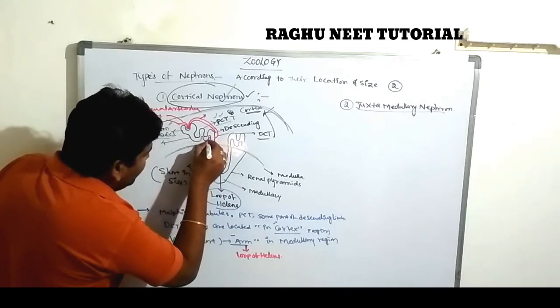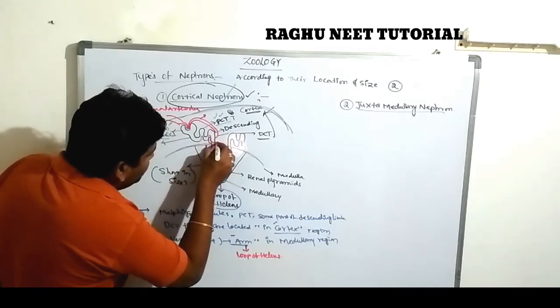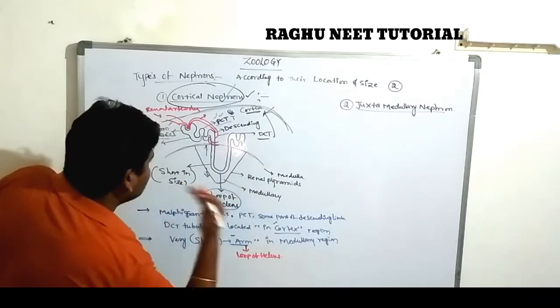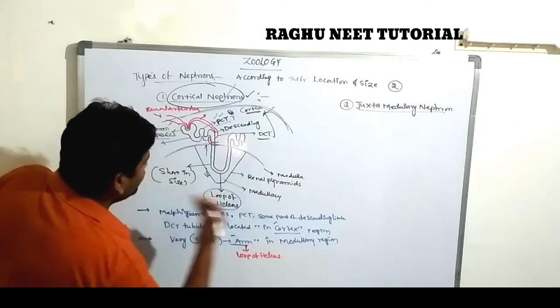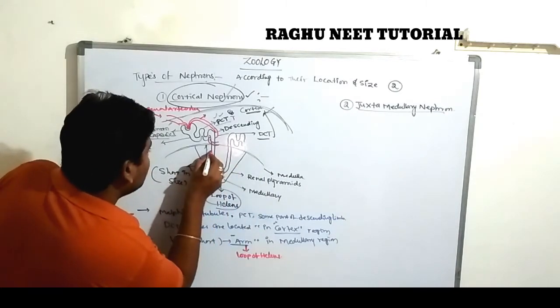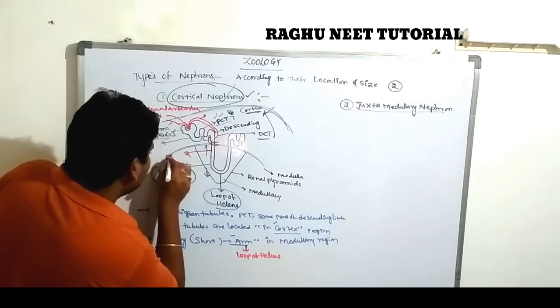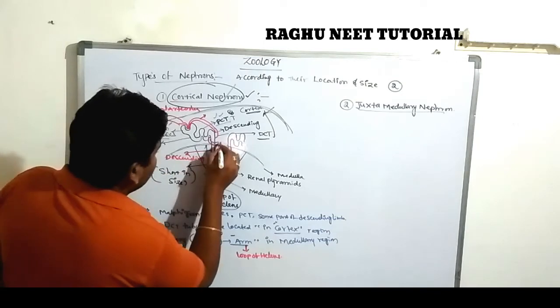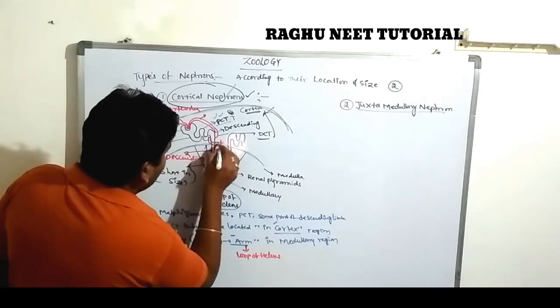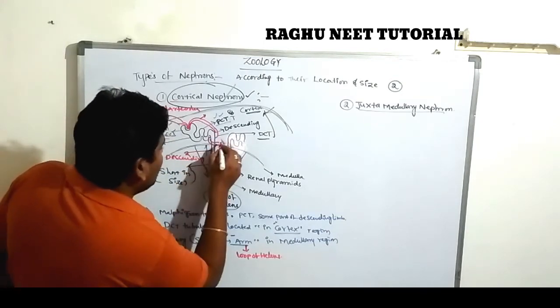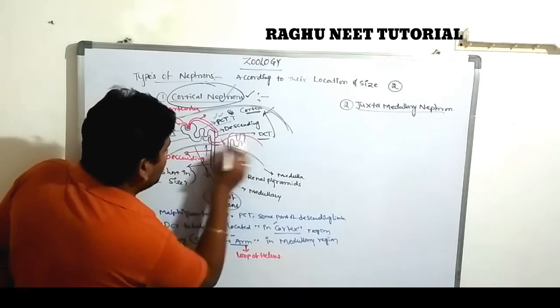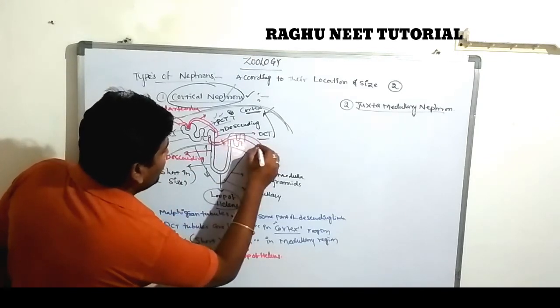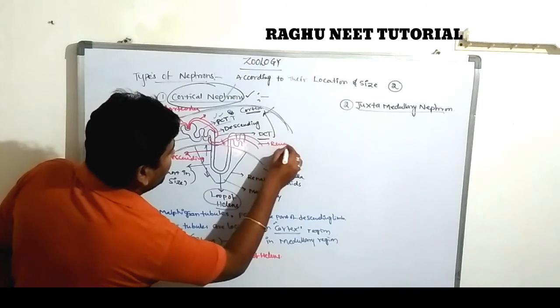These renal veins are coiled, coiled means looping, only around the descending limb. Finally it comes out through the renal vein.